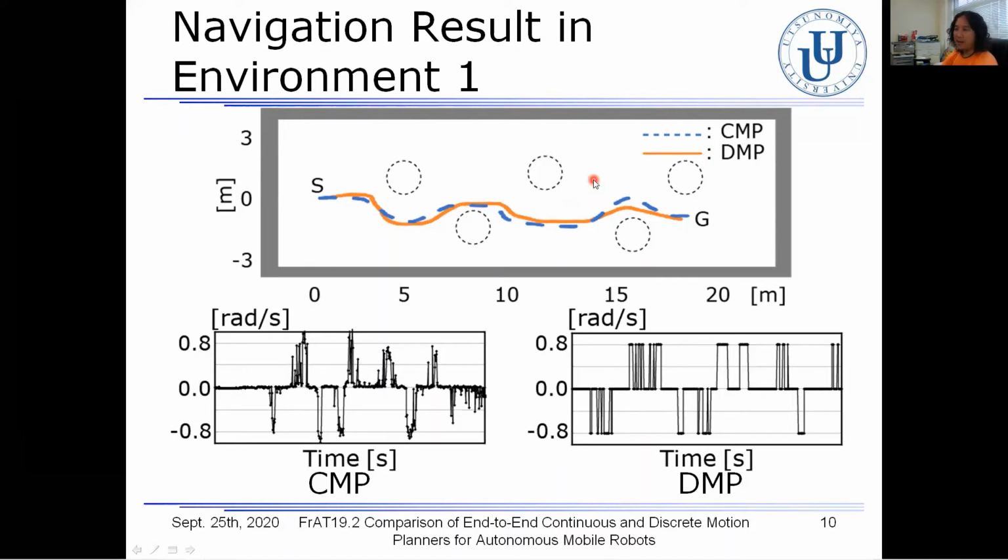On the other hand, it is also notable that even the robot based on the DMP avoided the obstacles and reached the destination with the discretized angular velocity. Therefore, the sufficient obstacle avoidance capability of the two motion planners, regardless of the regression and the classification problems, was shown from these results.